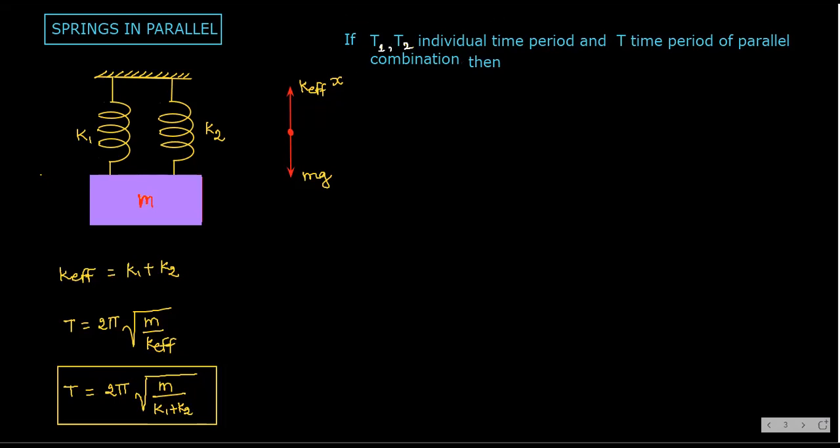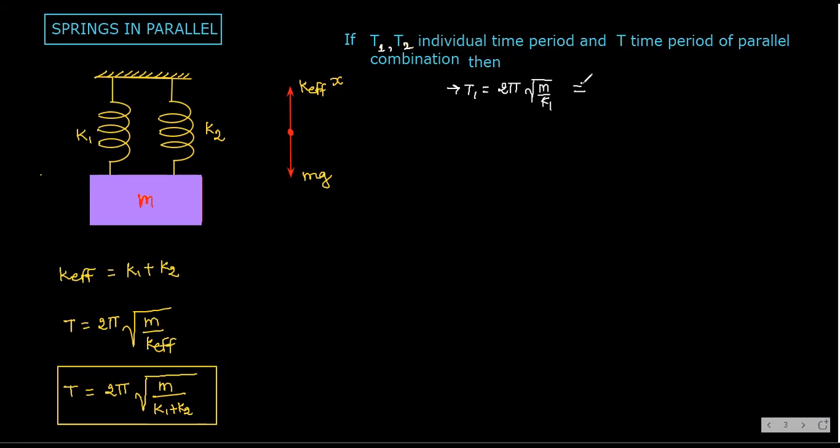Okay, understood. What about when the individual time periods and combined time period we have to find, or the relation between these two we have to find. If T1, T2 are individual time periods and T is the time period of the parallel combination, then how will we do it? See here. First of all, T1 is equal to 2 pi under root of M by K1. Right?